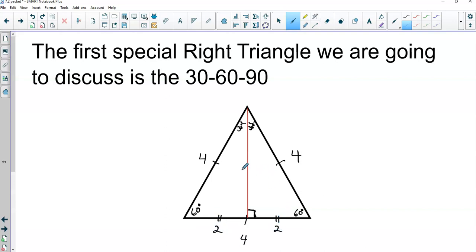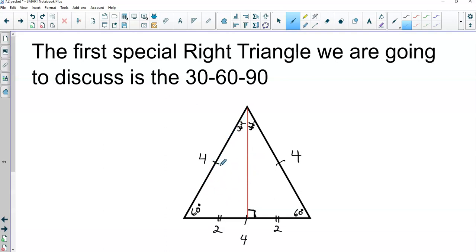So my question to you now is, what would be the altitude length? Well, we could figure that out. What we learned last lesson, we used the Pythagorean theorem, right? If we say this is one of the legs, and then this would be the hypotenuse for this right triangle over here, okay?